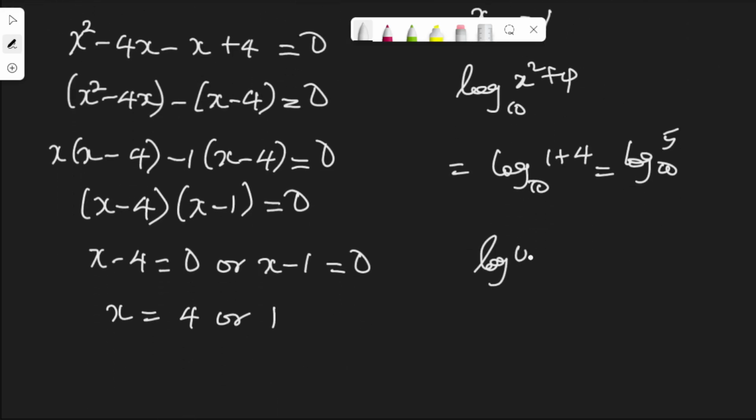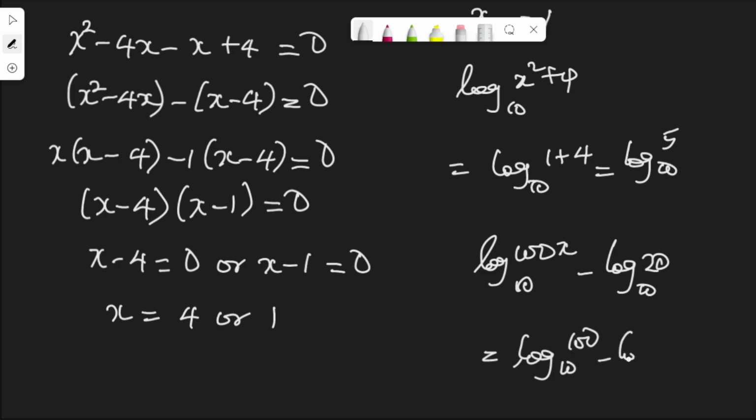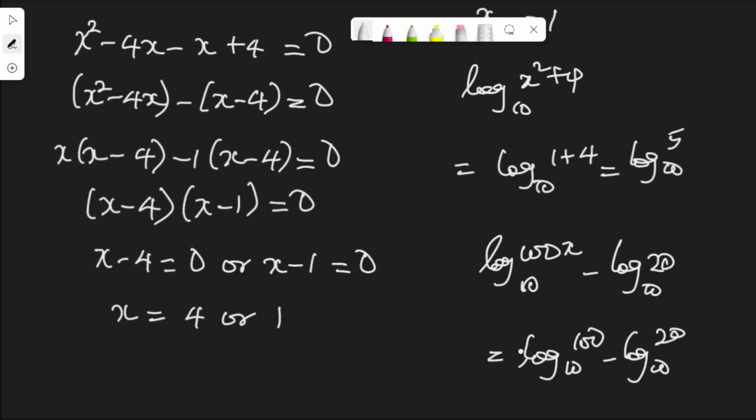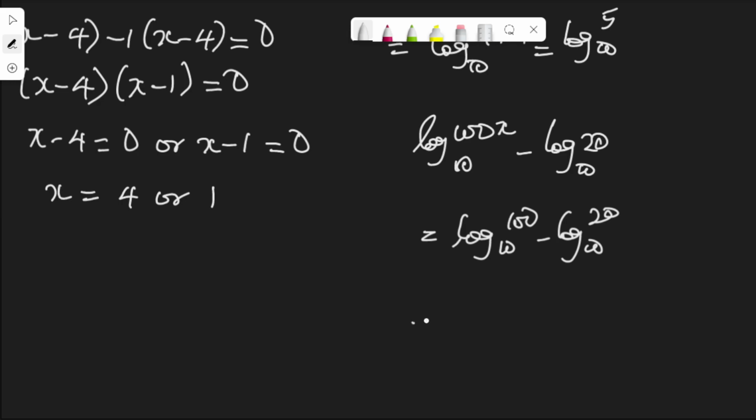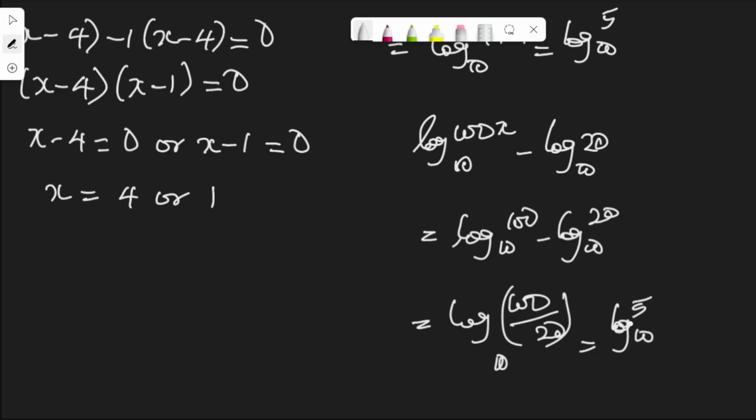Log 100x to base 10 minus log 20 to base 10. That is log (100 times 1), which is 100, to base 10 minus log 20 to base 10, which is log of 100 divided by 20 to base 10. 100 divided by 20 is 5. Log 5 to base 10.